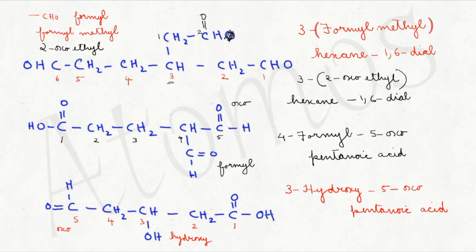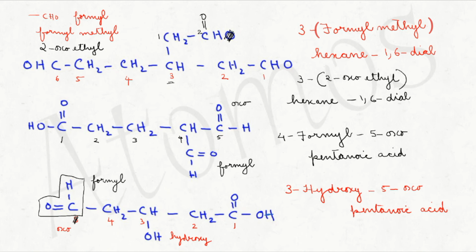Okay. So you can name this compound in one more way. Instead of including this carbonyl carbon which is present here, we can exclude this aldehyde group. That means we are numbering till this carbon atom, and the entire aldehyde group we are considering as a substituent. So that time what will be the name of the substituent? It will be formyl.